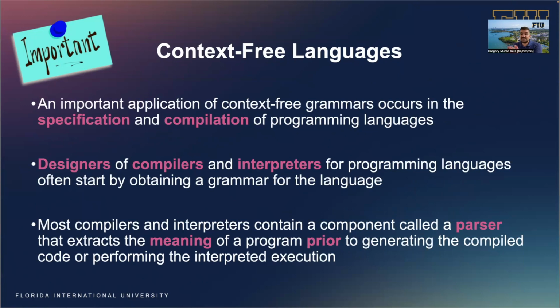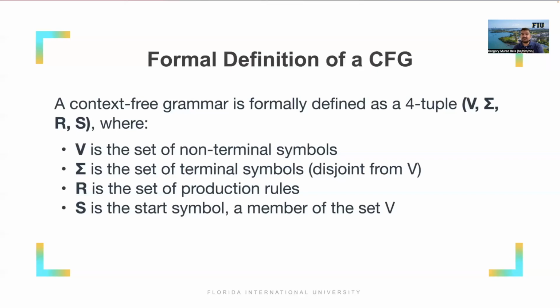And every time there is a design of a compiler or interpreter, the first thing they need to do is think about the grammar, the set of rules to generate that language. Okay, so most compilers and interpreters contain a component called a parser that will extract the meaning of a program, which is the syntactic part, the parse tree, before generating the code that the machine will understand. Finally, the formal definition.